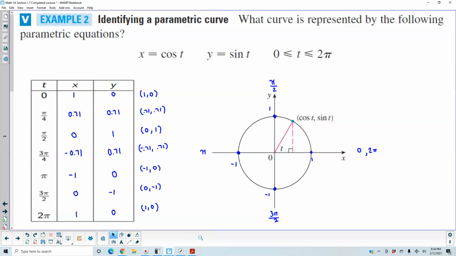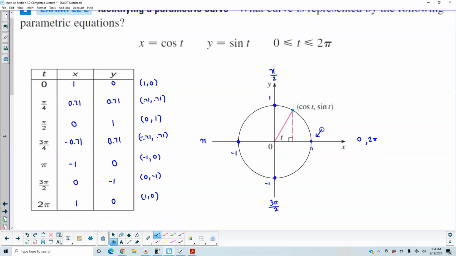And so at the value of t equals 0, that is at the point 1, 0. This point right here at 0, 1 is when t is equal to pi over 2.